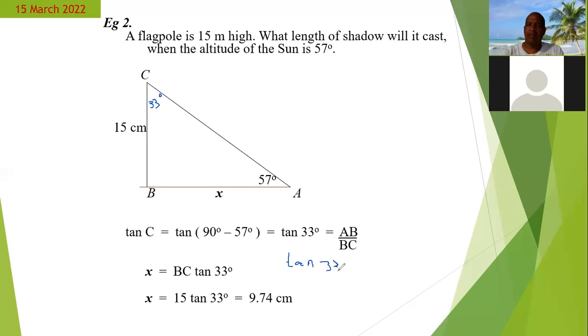Tan of 33 would be equal to X, which is opposite, over the side, which is BC. So that would be 15.